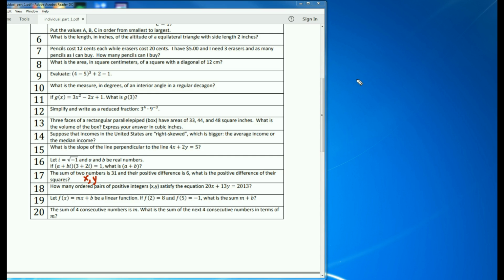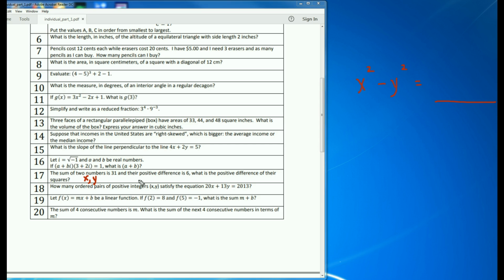Now you could solve for x and y, but you don't have to, because what you really want is x squared minus y squared. That is what the question asks for. So then just think about how this factors and then just solve for that instead of actually solving for x and y.